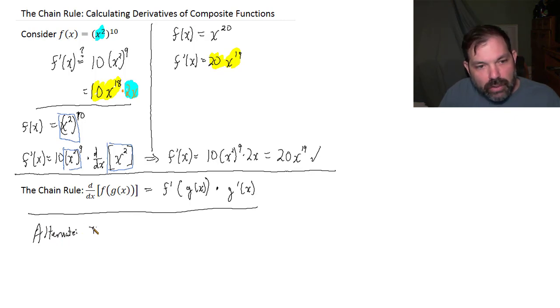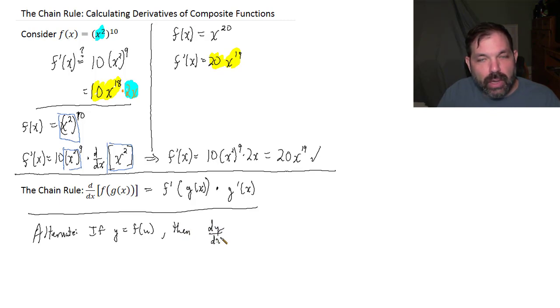It says, if y is some function of u, so instead of x, let's make it a function of u, then dy dx. Now notice I'm calculating the derivative with respect to x, but f is a function of u.